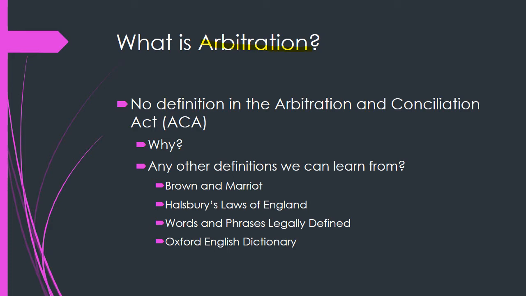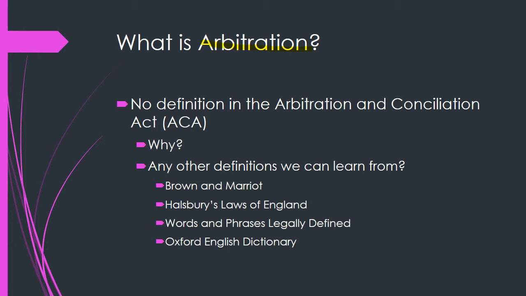First question: if we are going to be looking at arbitration in this entire course, we need to understand what arbitration is. So that is the main question. What is arbitration? How would you define arbitration? The main law guiding arbitration in Nigeria is the Arbitration and Conciliation Act, which we call ACA.